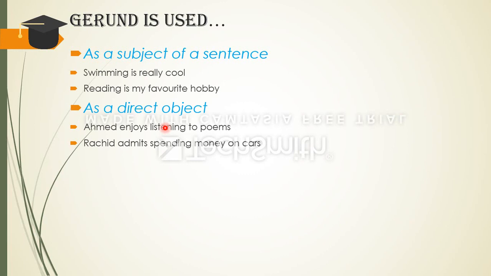In fact, it comes as a direct object. Ahmed enjoys what? Listening. Rashid admits what? Spending money on cars. So please, the verbs enjoy and admit are two verbs with which we use directly the ing form, or the gerund.